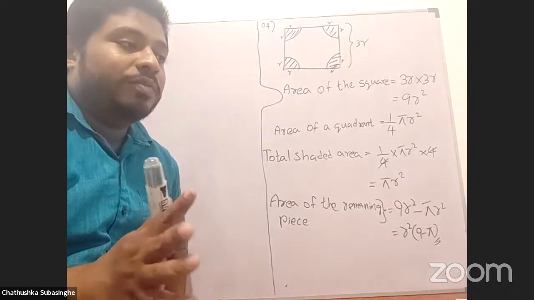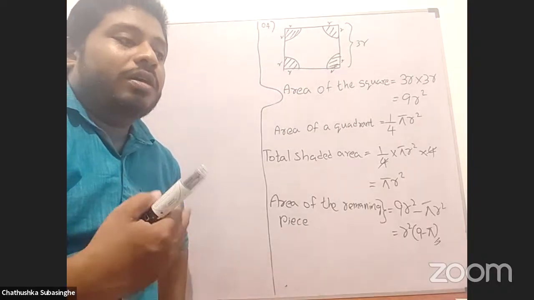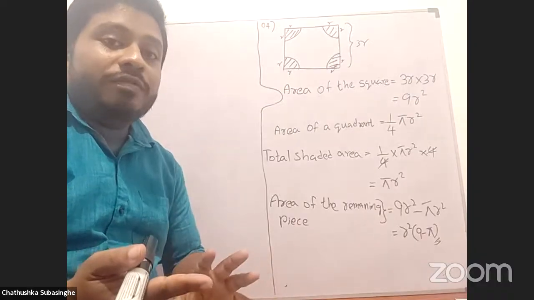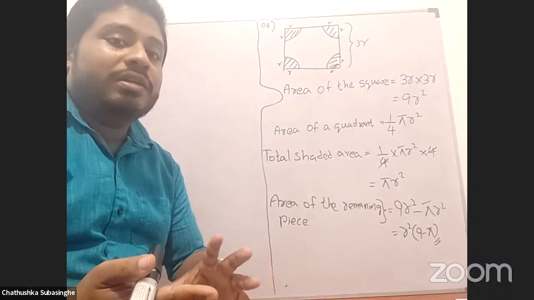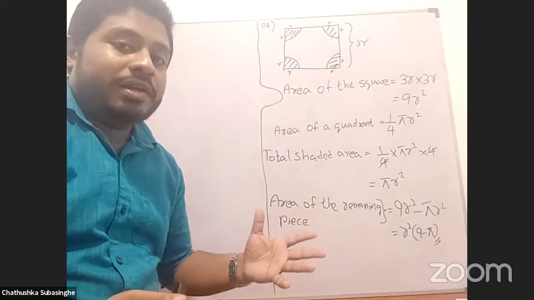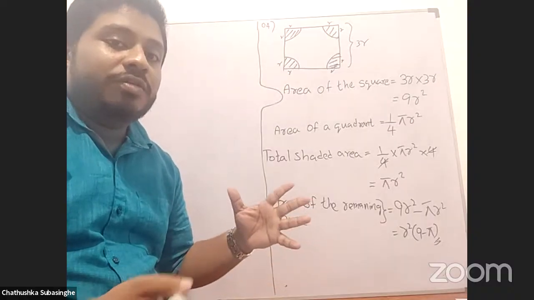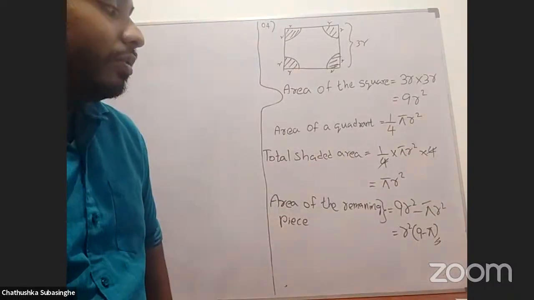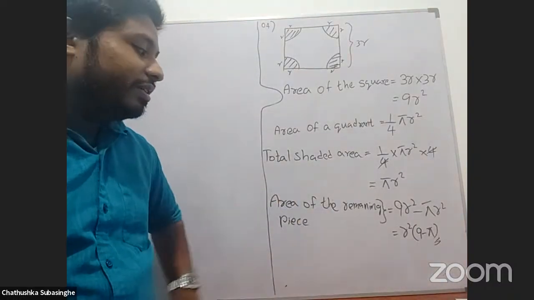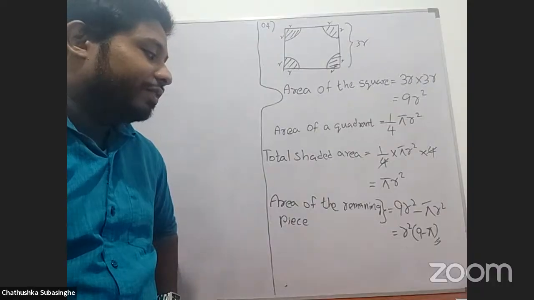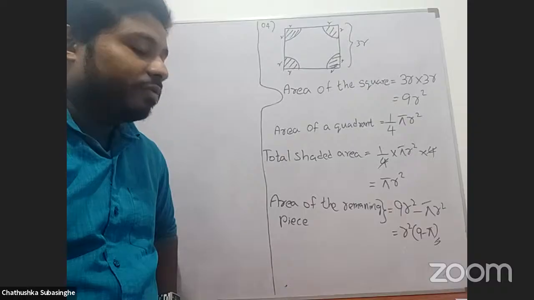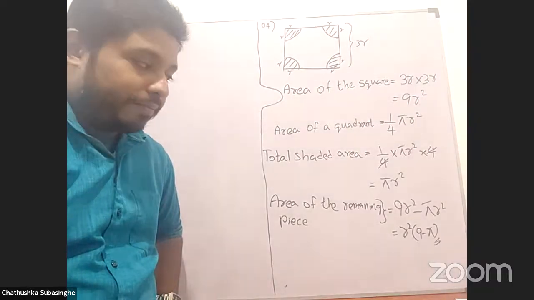In algebraic fractions, you make the denominators the same and add or subtract numerators, but if it is possible to factorize the numerator, factorize it, because sometimes you can cancel numerators and denominators. Here factorization doesn't matter that much. If you leave your answer as 9r squared minus pi r squared, that is also fine.